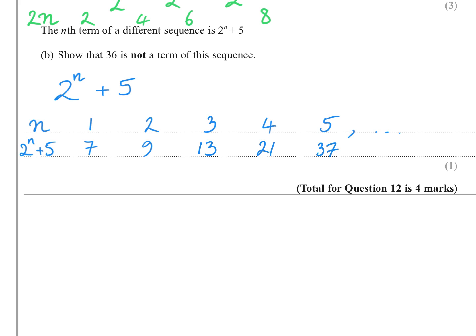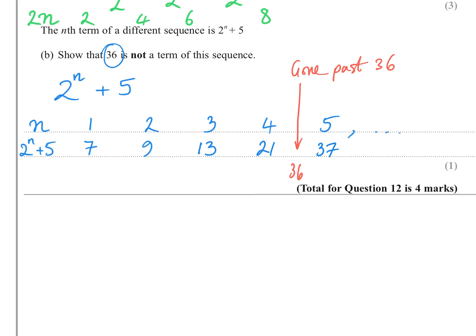Oh, and look what's happened here. 36 is not a term of this sequence because by the time we've done 37, we've gone past 36. Okay, so that's one way of looking at it.